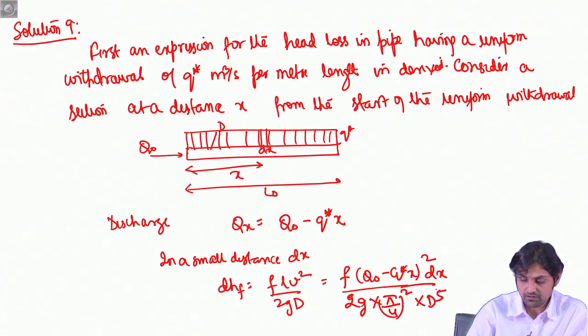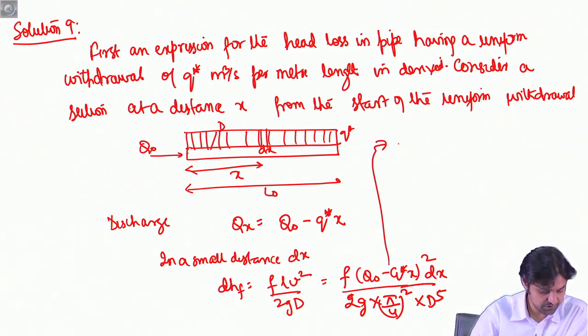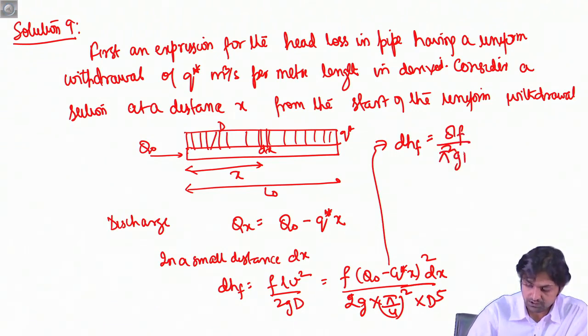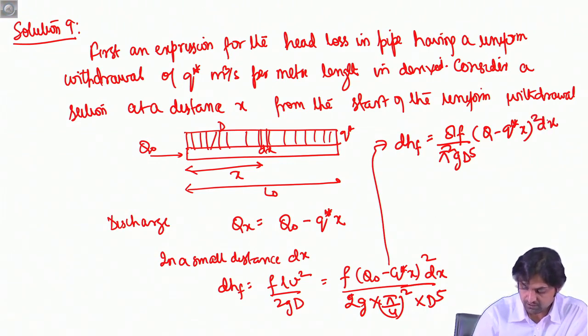So after, I'll take this here now. Just writing dHf will be 8f divided by pi square g d to the power 5 into (Q naught minus Q star x) whole square dx.